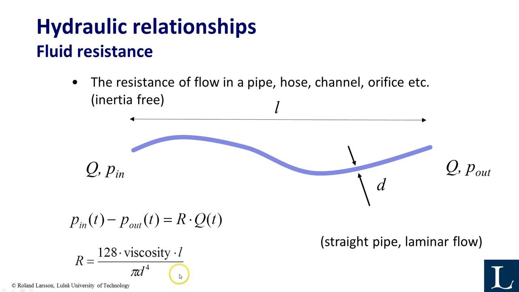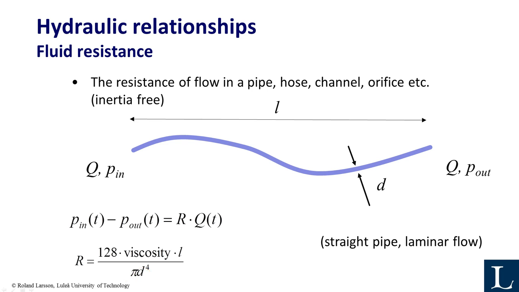For laminar flow in a straight pipe, this resistance coefficient can be determined as 128 multiplied by the viscosity multiplied by the length of the hose, divided by pi and by the diameter to the power 4.